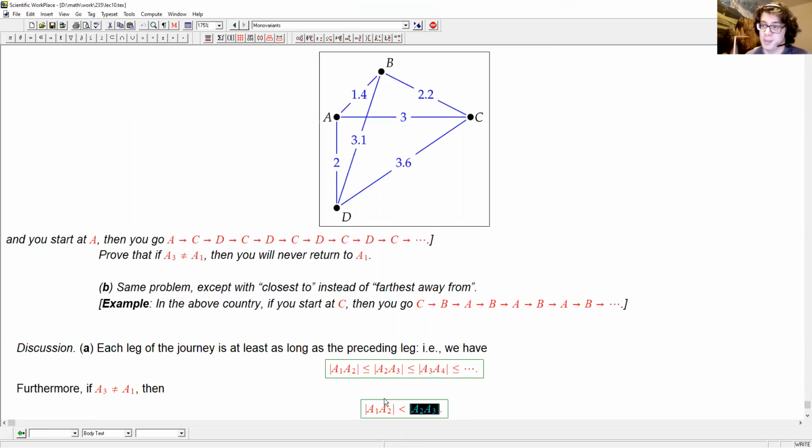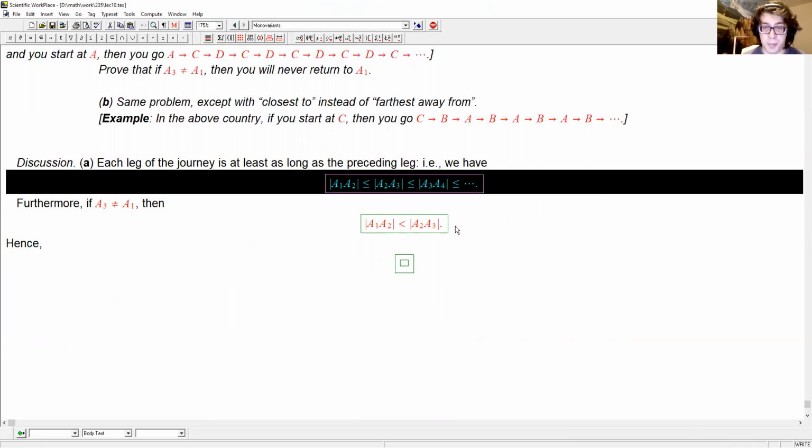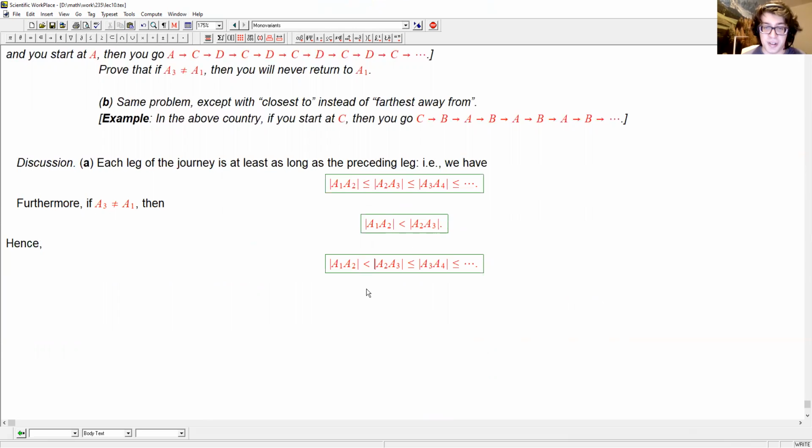Not just the distances would be equal, but the actual line segments would be the same. And then A1 would be A3, but we assume that this is not the case. So you can basically improve this chain of inequalities using this. And now assume, of course, that A3 is not A1.